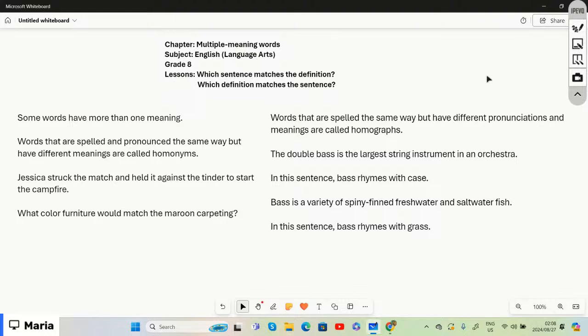All right. So when it comes to multiple meaning words, we say that some of the words have more than one meaning, and that is why we have our chapter, which is called multiple meaning words. It's like more than one word, right?